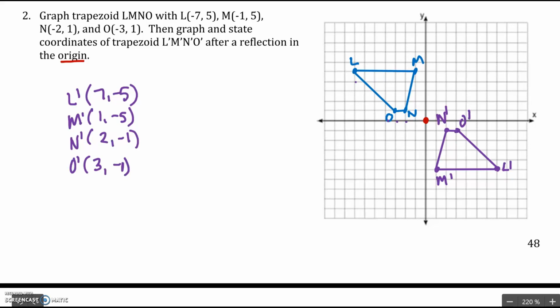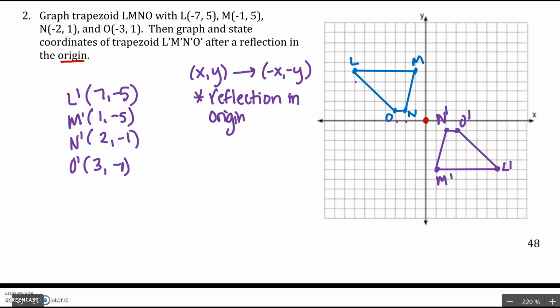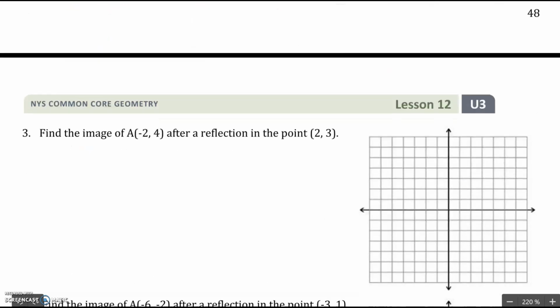If you compare those with the original points, you can see that the signs have just been switched. Whatever it was, it became the opposite sign. This is a special shortcut rule for reflection in the origin only. It is a nice rule to help us.